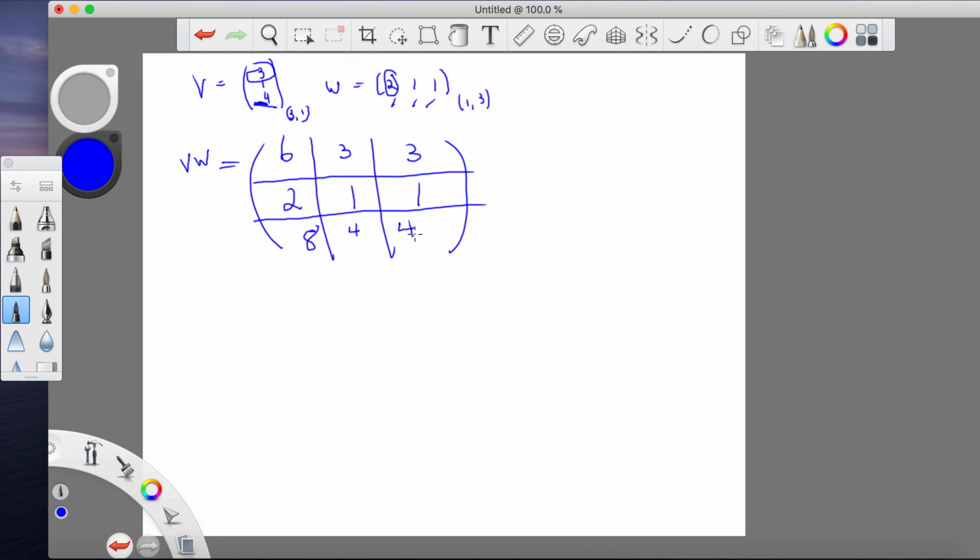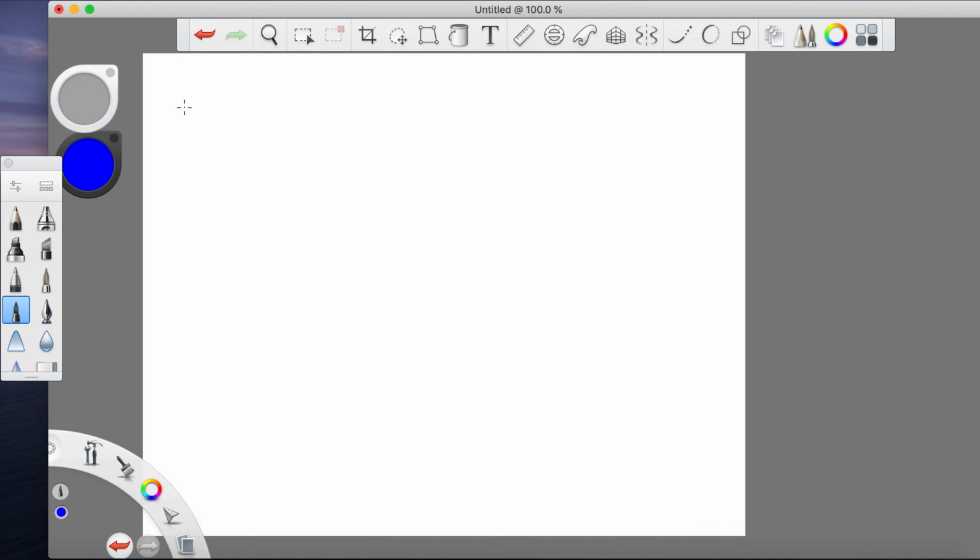Okay, we have one last concept I would like to discuss very briefly, and this is the matrix transpose. Now, we already went over the matrix transpose, but I'll just review it here. So, suppose I have a matrix A: 1, 2, 0, and 3, negative 1, 4. Then the matrix transpose is going to swap things around the diagonal.